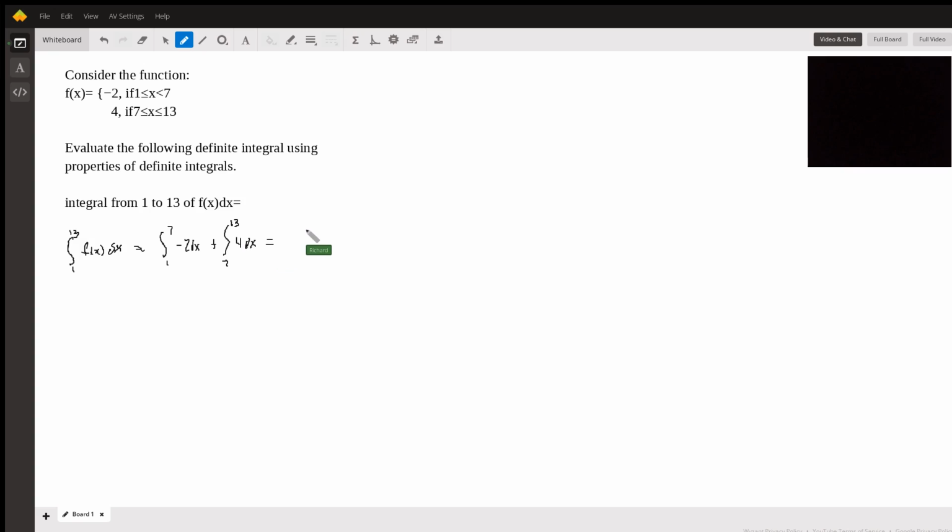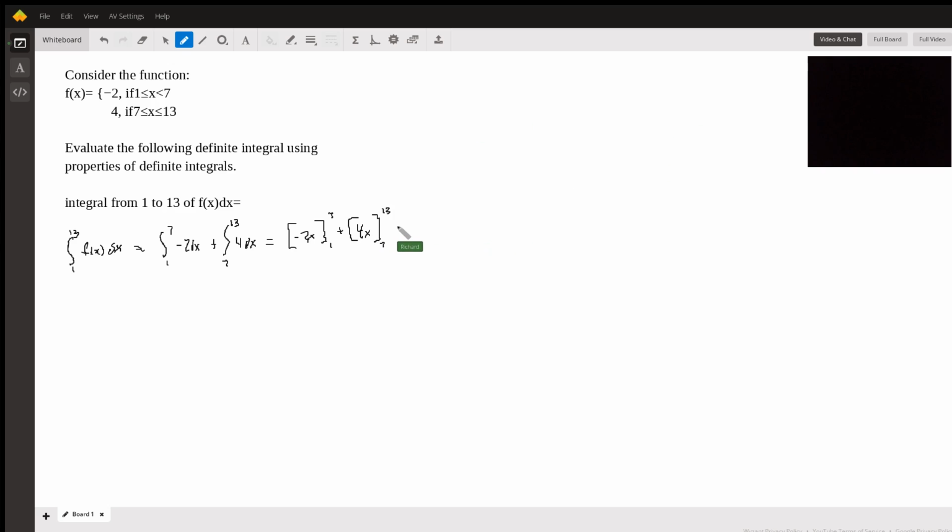Okay, and then we'll just evaluate this. So this is negative 2x going from 1 to 7 plus 4x going from 7 to 13. Okay, so far so good.